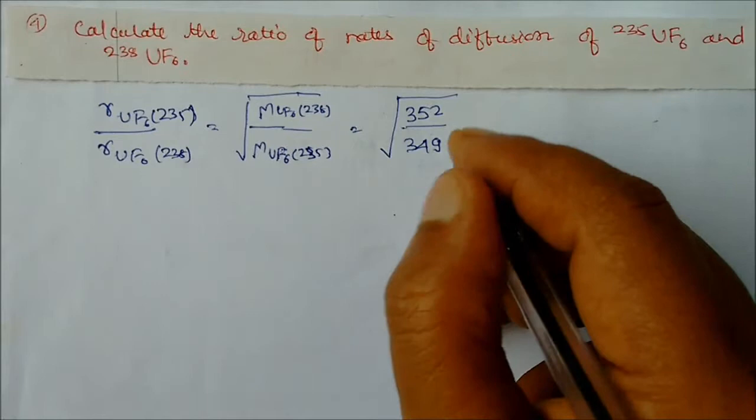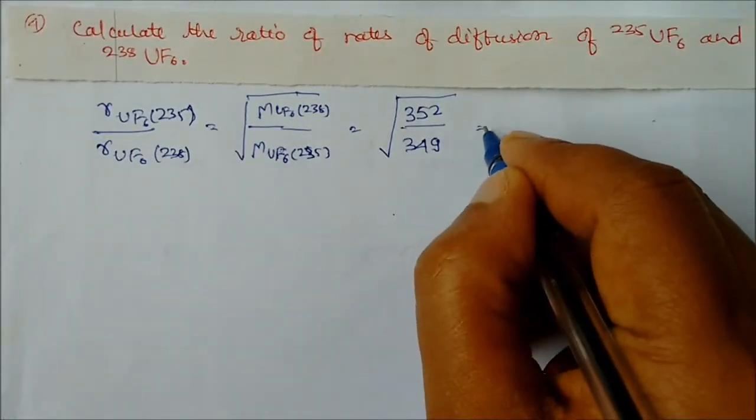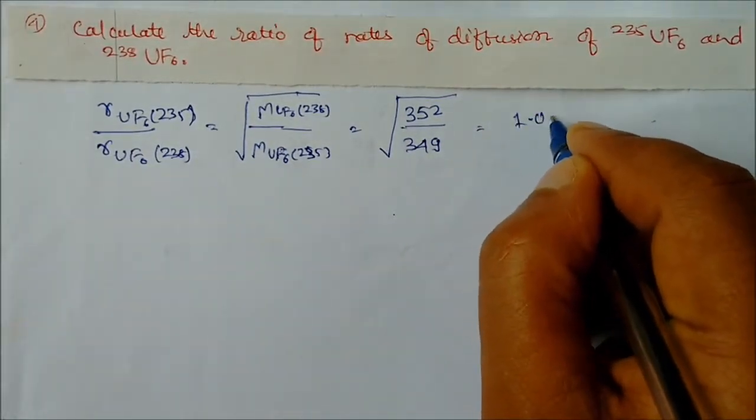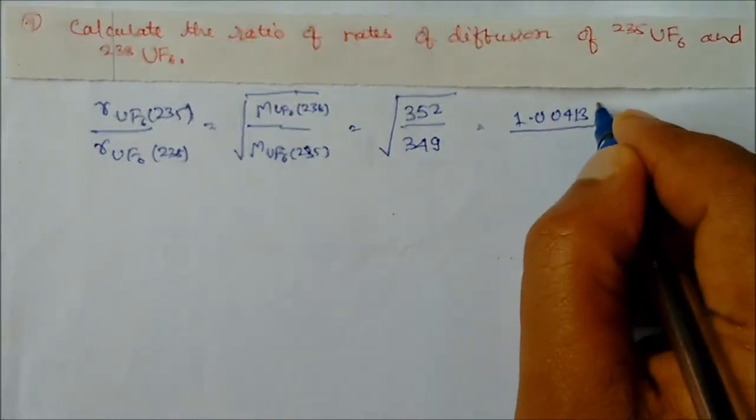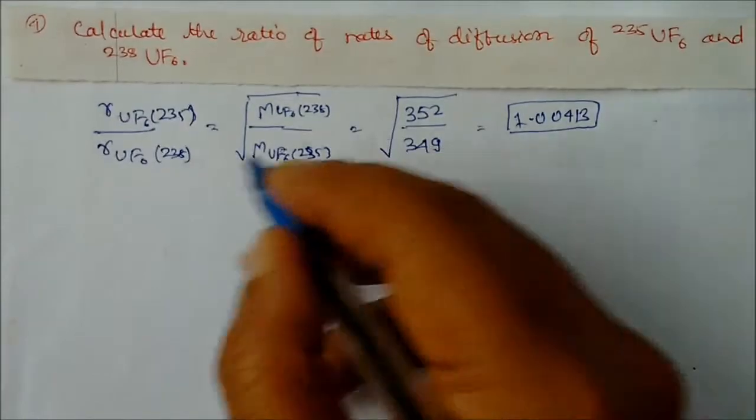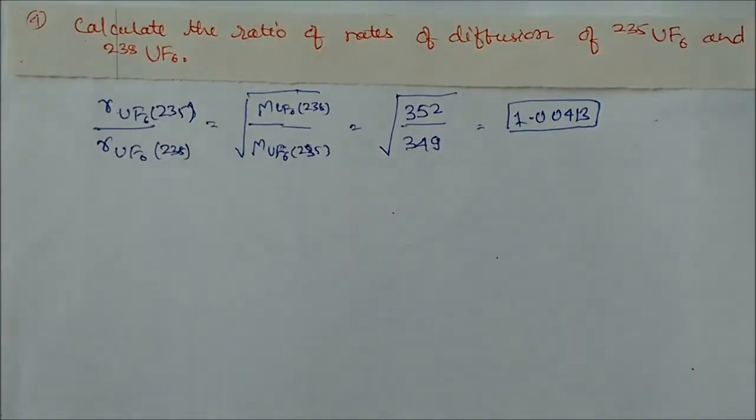If you divide it, you will get 1.00413. So this is the ratio of the rates of diffusion of these two gases, two molecular radioactive isotopes.